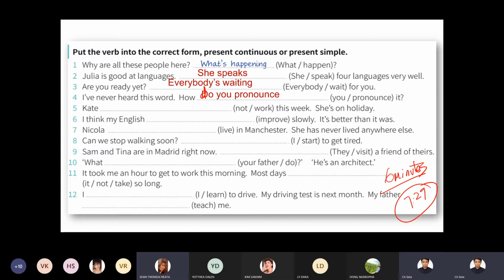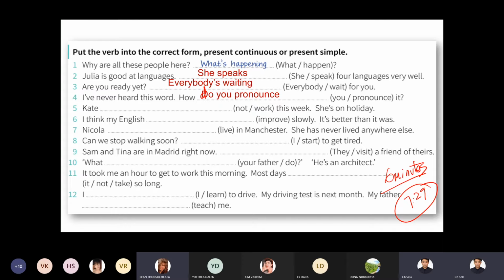Kate doesn't work this week. She's on holiday. Is it something that always happens or just happened this week? Suchita? Happened this week. So if it happens this week, do you use present simple or present continuous? Present continuous.